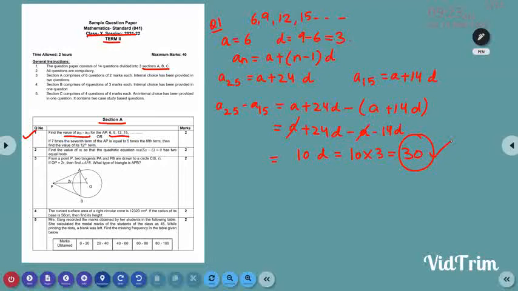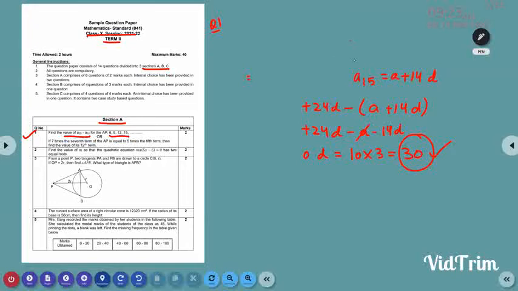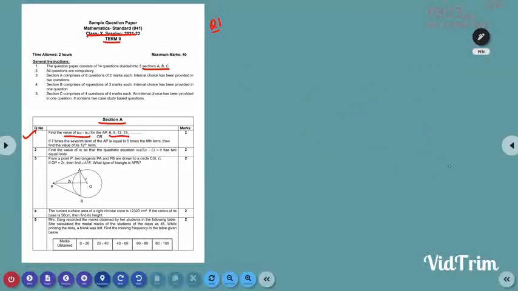Now next there is an OR part, an option choice question also. So the OR part is: if 7 times the 7th term of the AP is equal to 5 times the 5th term, then find the value of its 12th term.